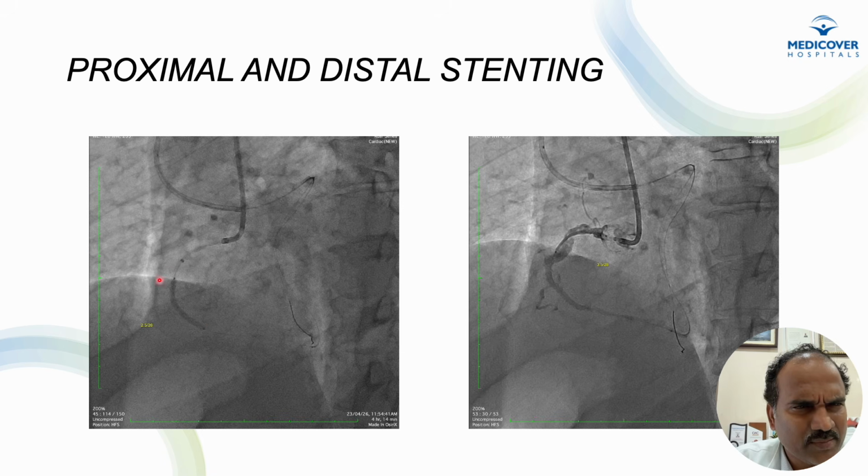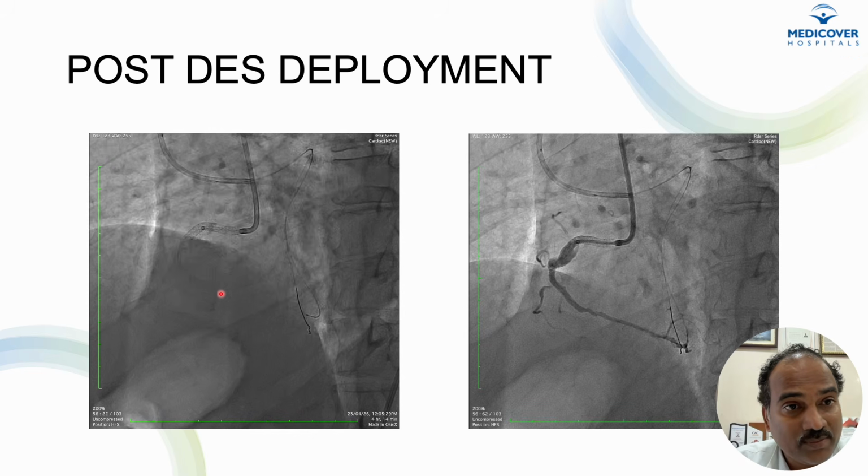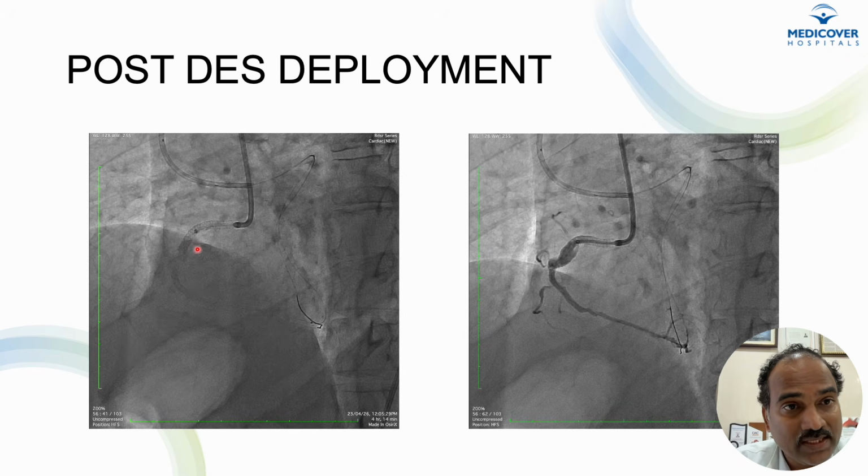This was the CTO segment, first DES implantation, which is 2.75 by 28, and then another second DES implantation for proximal true lumen expansion and false lumen sealing. So this is a 3.5 by 28 DES, and this was after deploying proximal and distal DES. You can see the pseudoaneurysm is there, but the proximal false lumen is completely sealed.